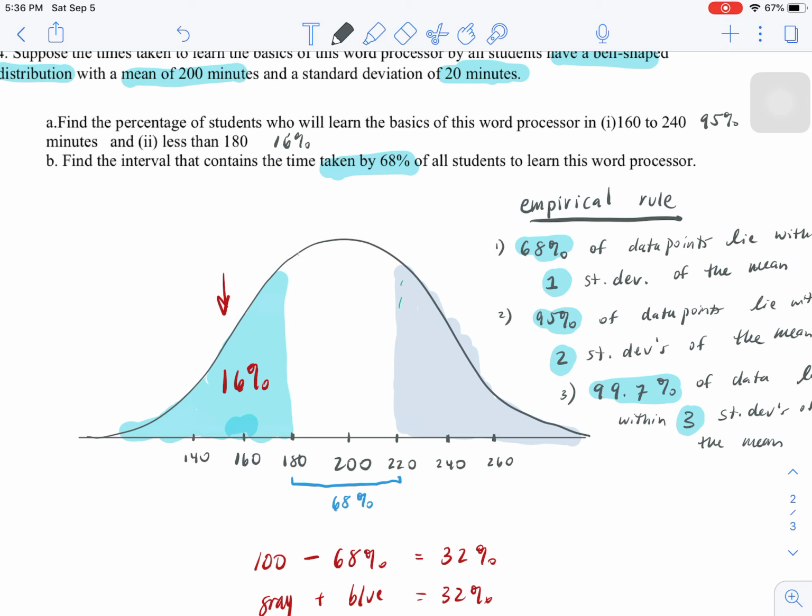So the interval that contains 68% of students is the interval from 180 to 220. In other words, the mean minus one standard deviation to the mean plus one standard deviation.